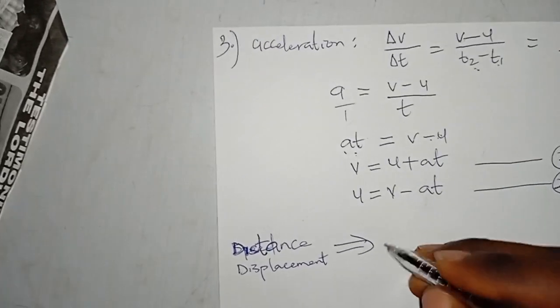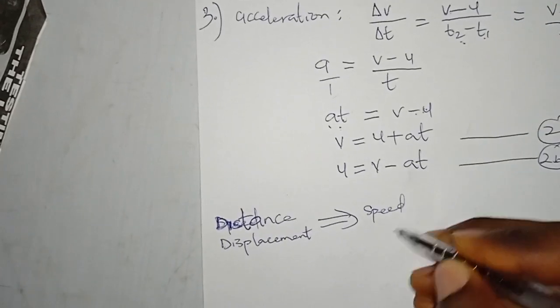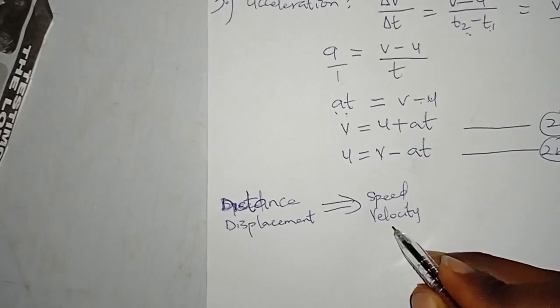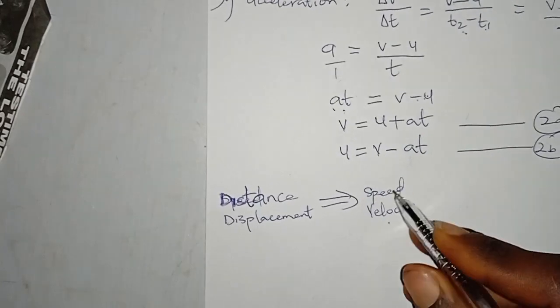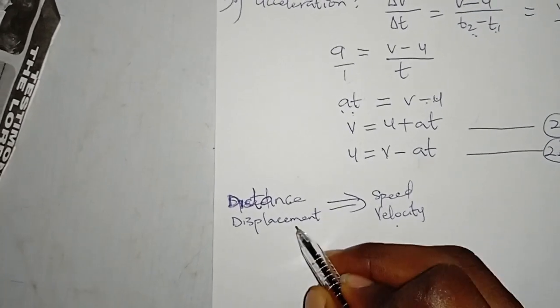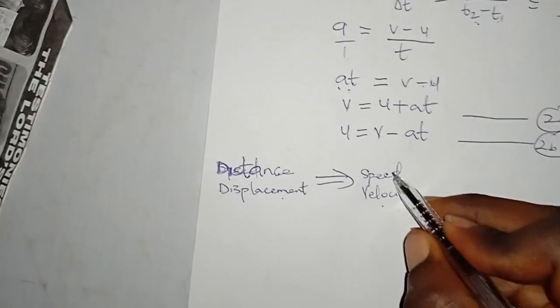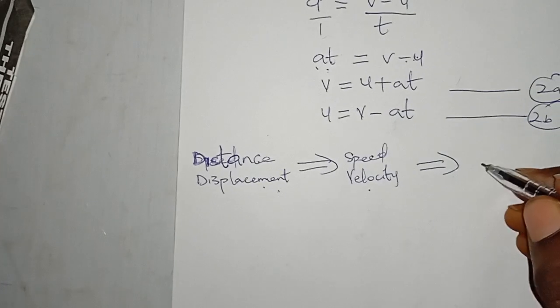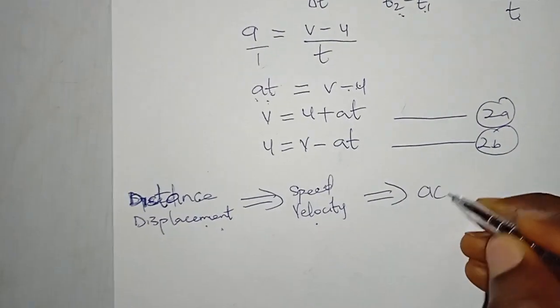Then speed and velocity are the same, but velocity has to do with direction, while speed has to do with no direction. Scalar, vector. And acceleration is a vector quantity.